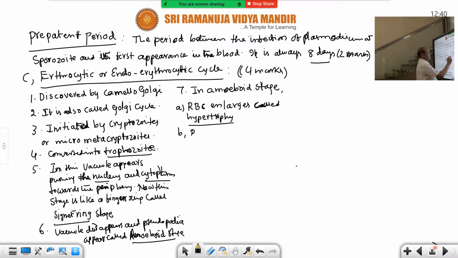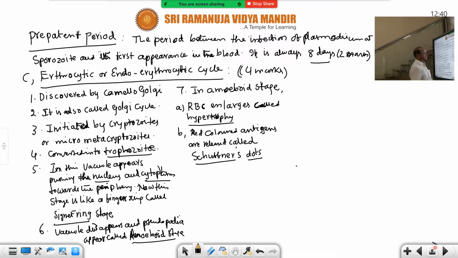Second event: red colored antigens are released by the parasite. This is another event, and these antigens are called, most important term, Schaffner's dots. Schaffner is the name of the scientist, so you should say Schaffner's dots.